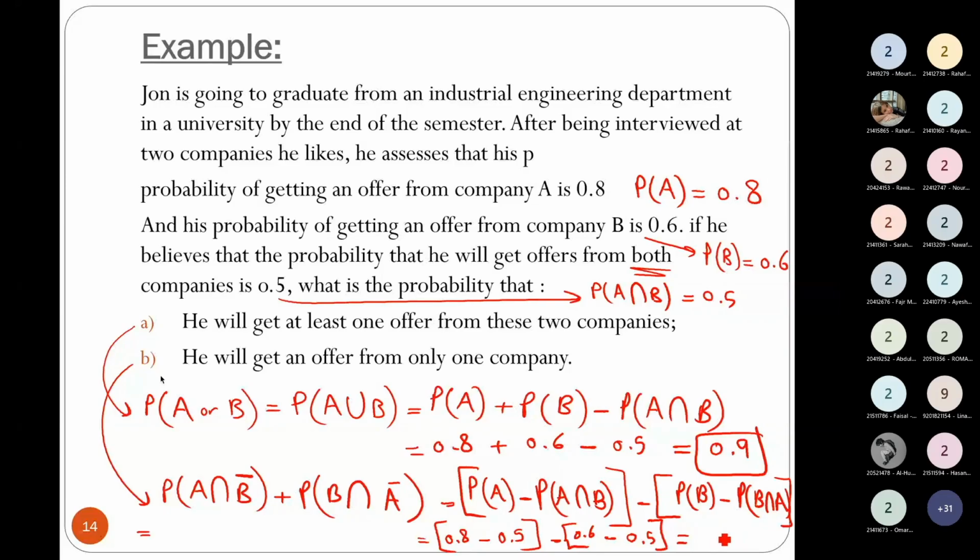So from the first one, we have 0.3, plus 0.1. So we have 0.4. This is the probability of getting an offer from only one company. Maybe A accepts John and B rejects, or B accepts and A rejects John. Any question?